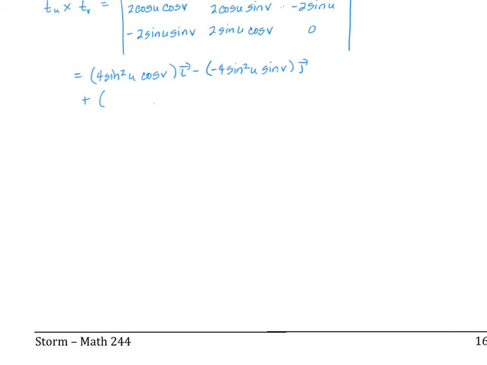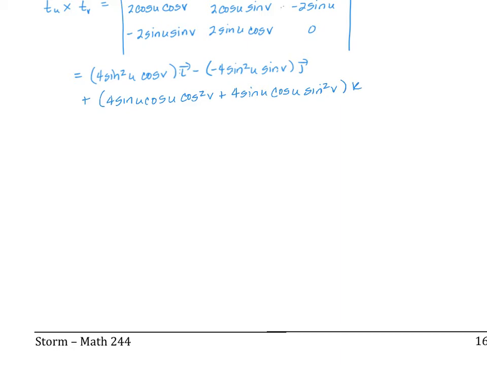That's going to be 4 sine u cosine u cosine squared v plus 4 sine u cosine u sine squared v.